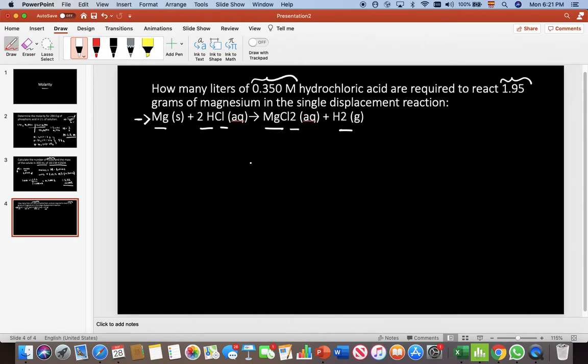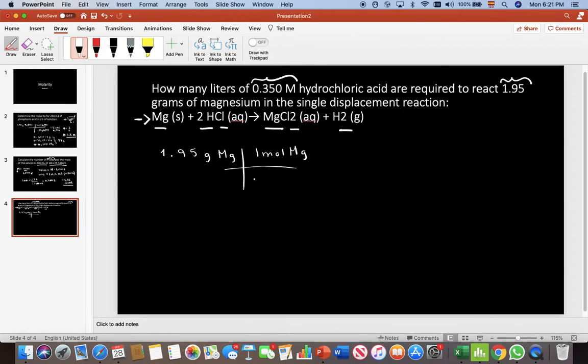So now that I've done this, we want to find our moles of magnesium first. So we know that we have 1.95 grams of magnesium, right? And we know that in 1 mole of magnesium, look at your periodic tables, guys.